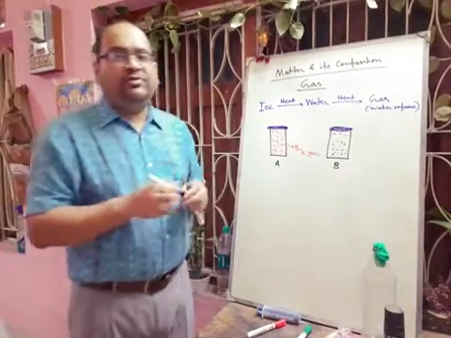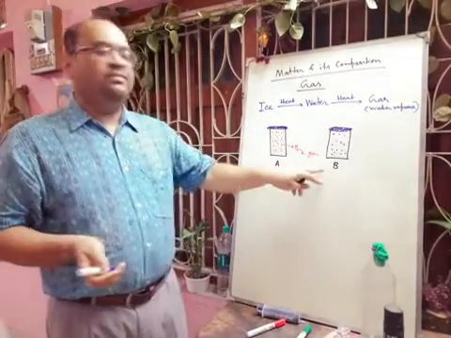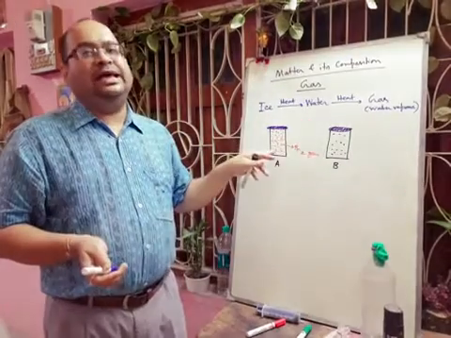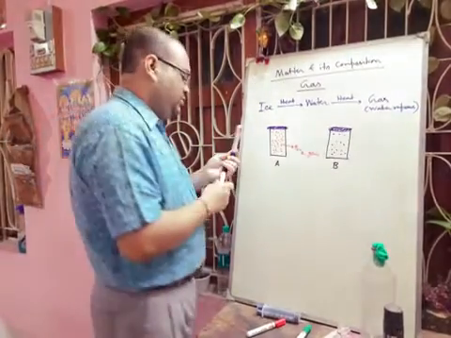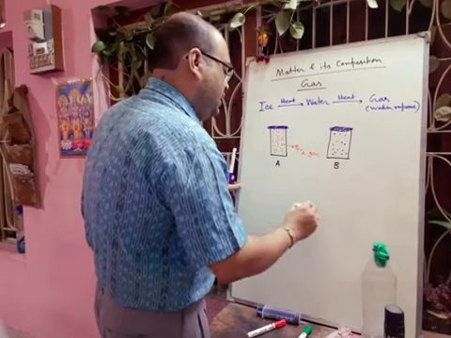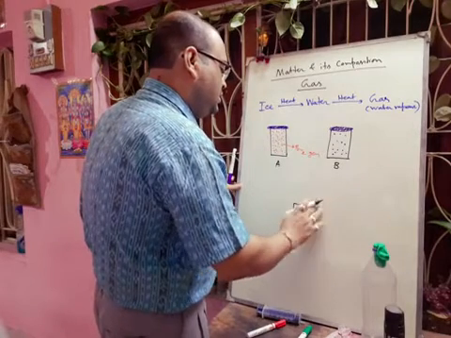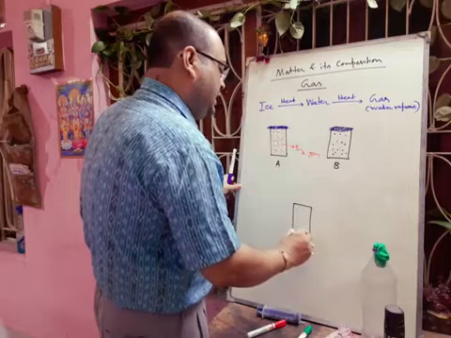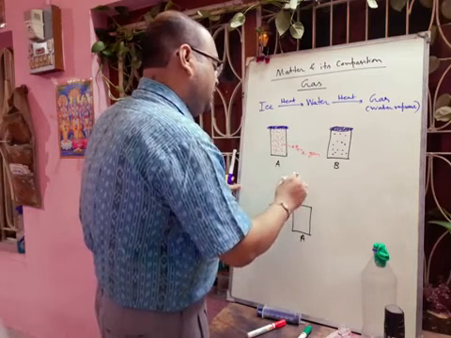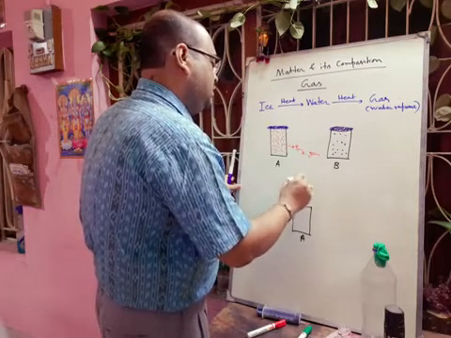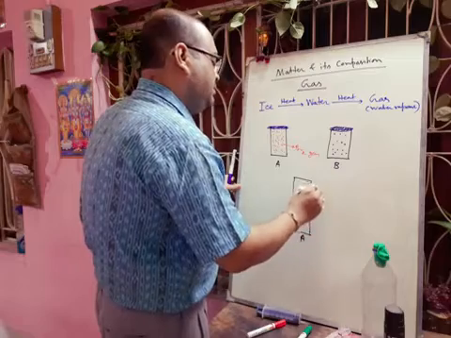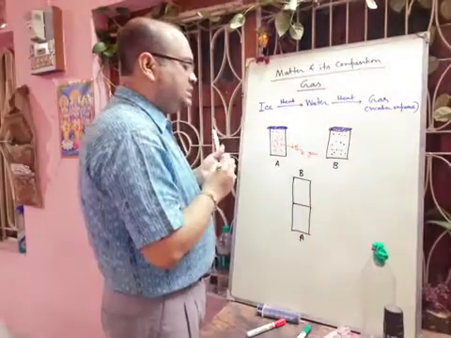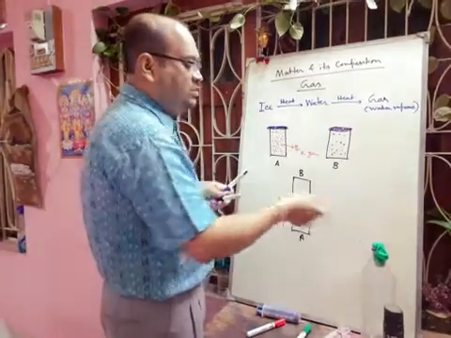Next, what we have to do? We have to invert the B jar over the A jar. This is the A jar, and we are inverting the B jar just above it. Now this disc we have to remove.